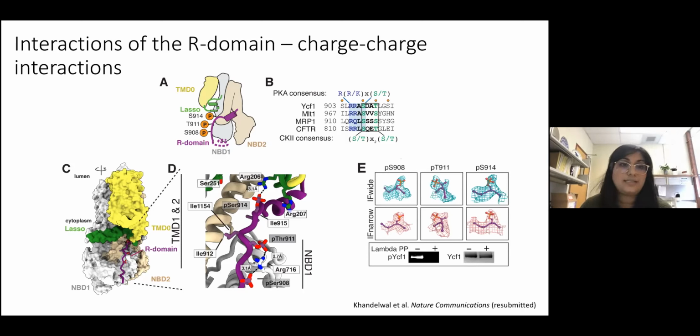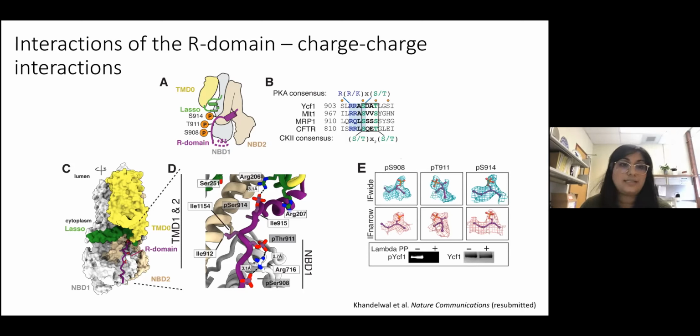And so when we take a closer look at this interface, not only are these electrostatic interactions between the phosphosites driving an interface, you also see organization of these networks at the transmembrane nucleotide binding domain region. So the LASA domain engages a region of the R domain.